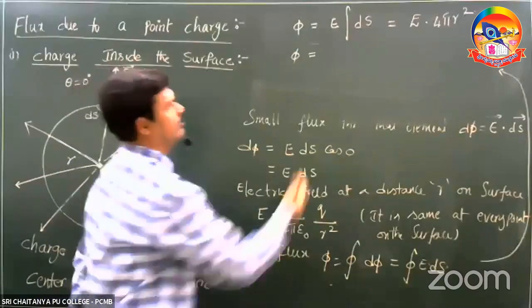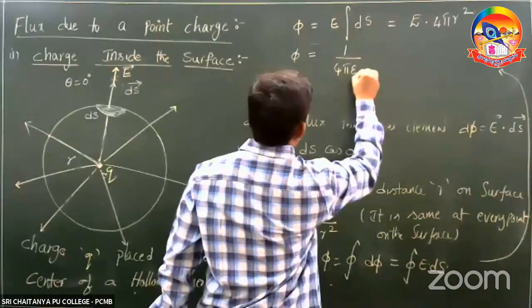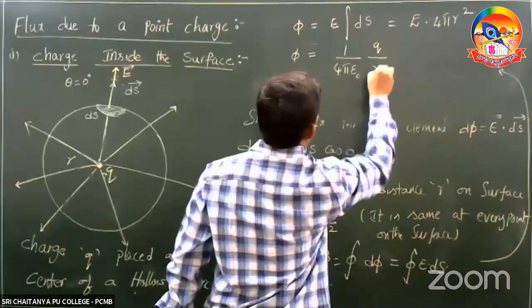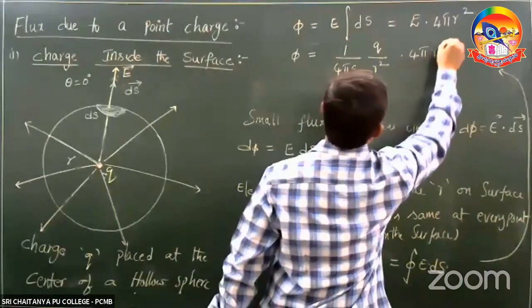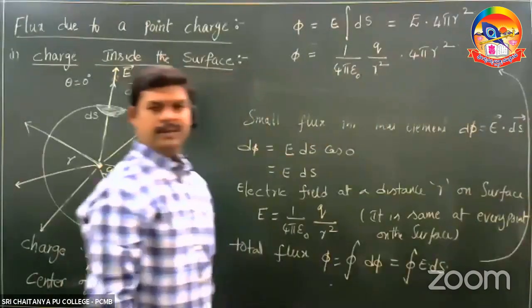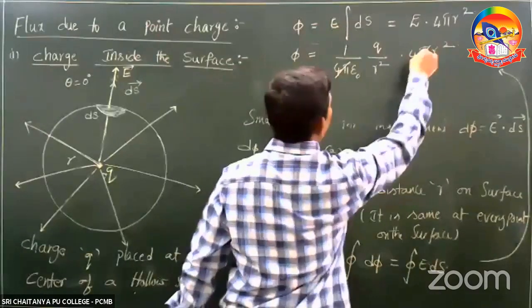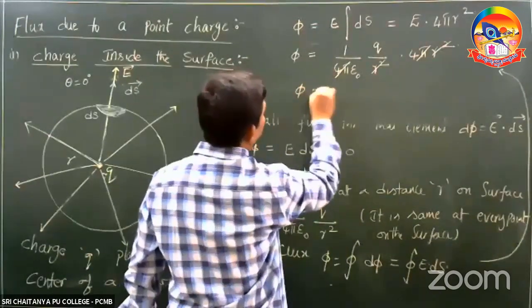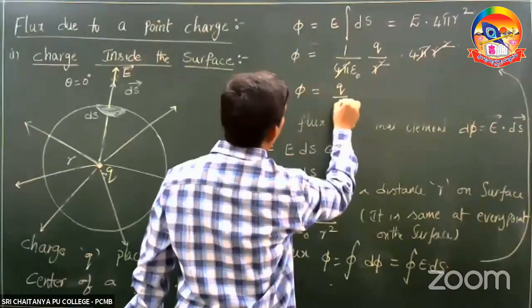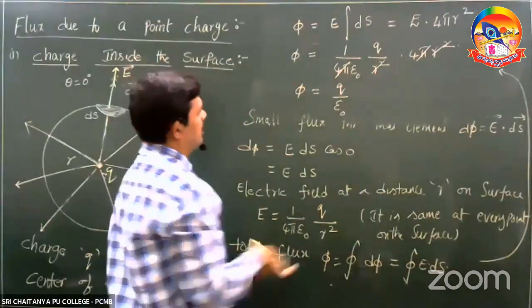Substitute it there: 1 by 4 pi epsilon naught Q by r square into 4 pi r square, right? So any cancellations? 4 pi r square cancels, then φ is equal to Q by epsilon naught.